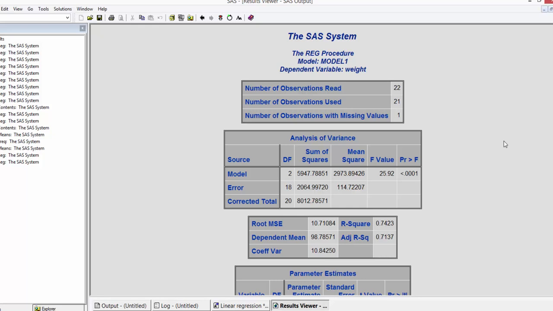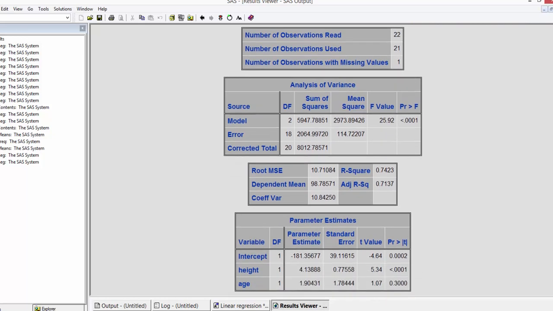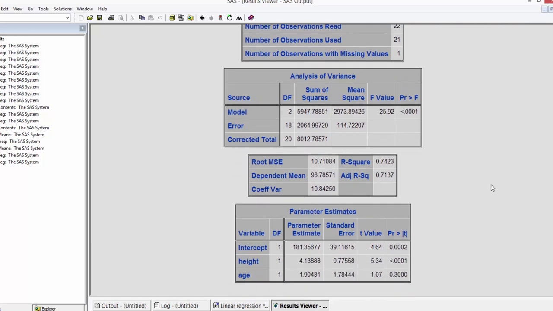We'll have so many things in the output. Not everything is very important, so we'll only see the important ones, which matter before you finalize your model. The details about your model will be given first. You have got 22 observations and one observation is deleted because it's a missing value, as I've already said in the beginning. Then we will have analysis of variance. In that, what is most important to see is whether the F statistic or the F value is significant or not.